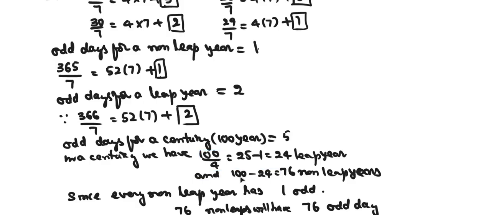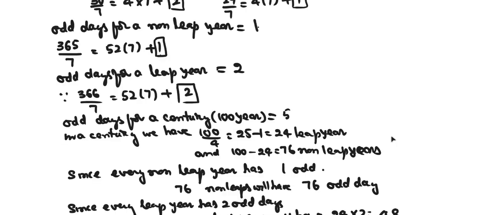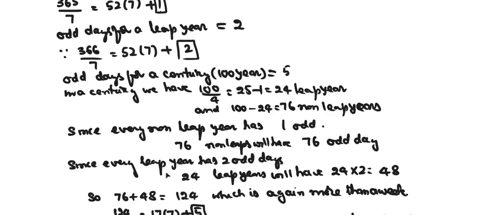So the remaining are 100 minus 24, that is equal to 76 non-leap years. Since every non-leap year has one odd day, 76 non-leap years will have 76 odd days, and since every leap year has two odd days, 24 leap years will have 24 into 2, that is equal to 48 odd days.